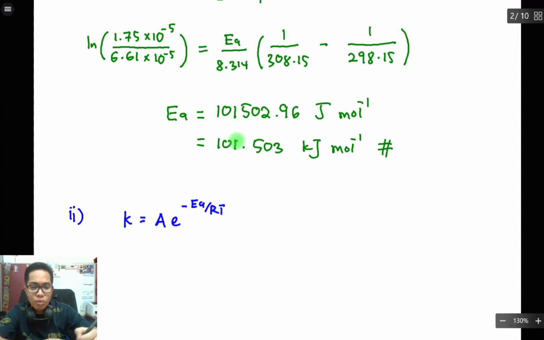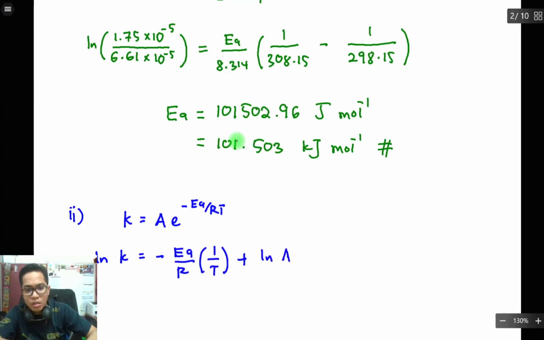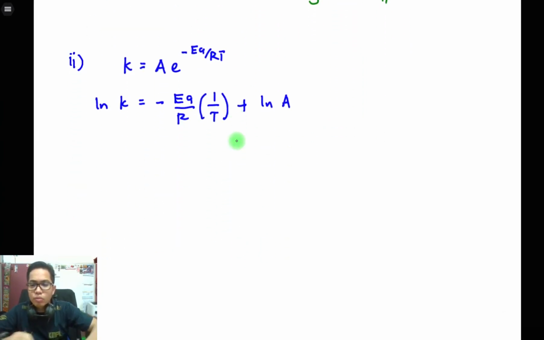After taking ln on both sides, we get ln k equal to negative EA over R in bracket 1 over T plus ln A. This is already mentioned in your lecture notes.